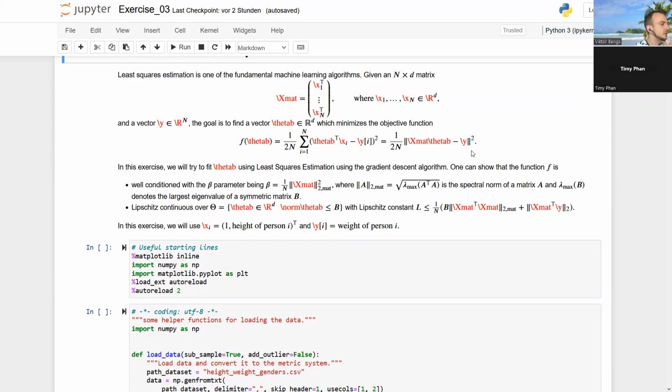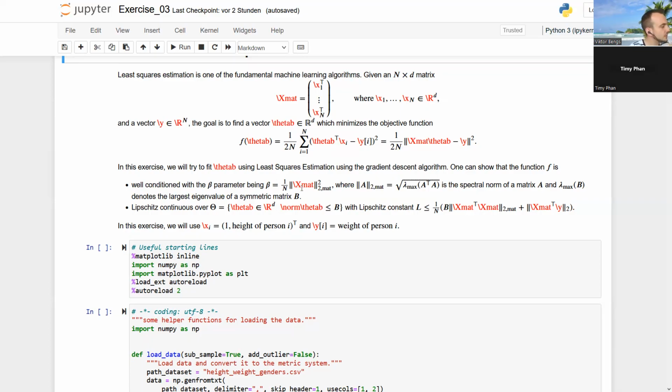And if a quadratic function is not well conditioned, then in what a world are we living? But of course it's well conditioned, and we can also specify the parameter beta, which is of interest for gradient descent in this case.